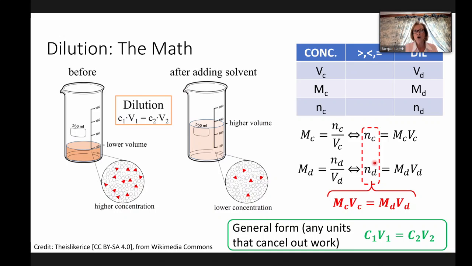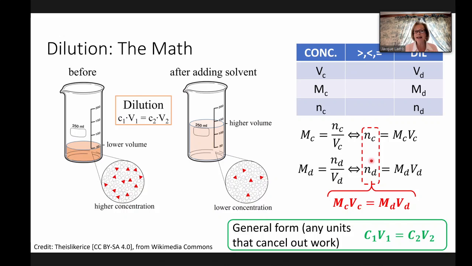So the molarity of your concentrated solution times the volume of your concentrated solution will equal the molarity of your diluted solution times the volume of your diluted solution. The general formula is C1V1 equals C2V2, or concentration times volume in the first instance equals concentration times volume in the second instance, because the number of moles is the same.